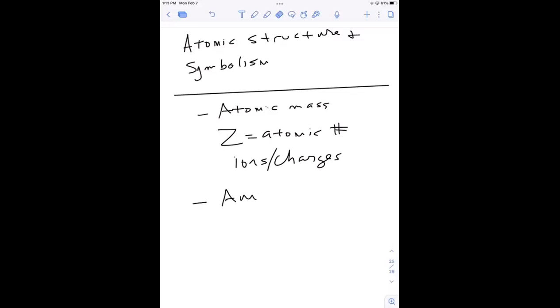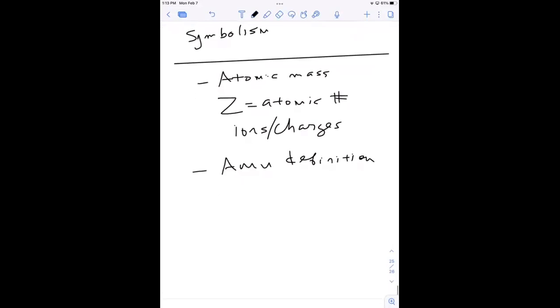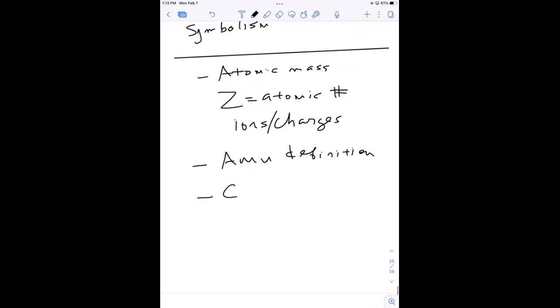We're going to define the AMU, or the atomic mass unit. And we're also going to talk about calculating the average atomic mass, which again is an average of all the naturally occurring isotopes.